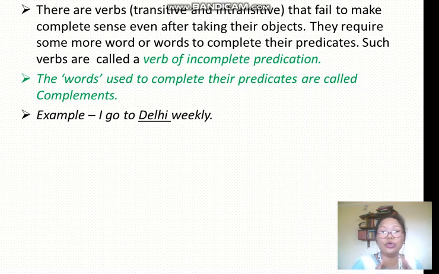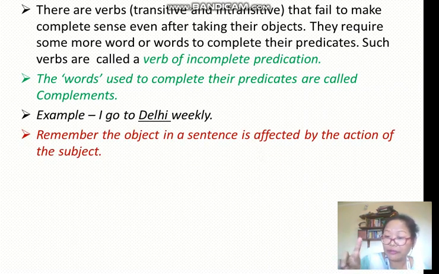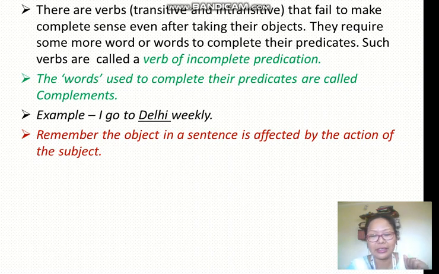Example, I go to Delhi weekly. Here Delhi is not an object. It is a complement to the verb go. Alright, now please remember this difference. I think I explained this in the last class also.